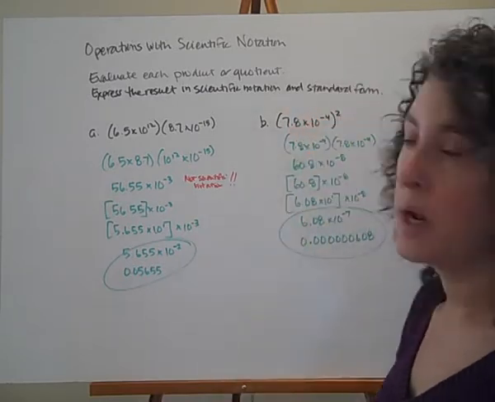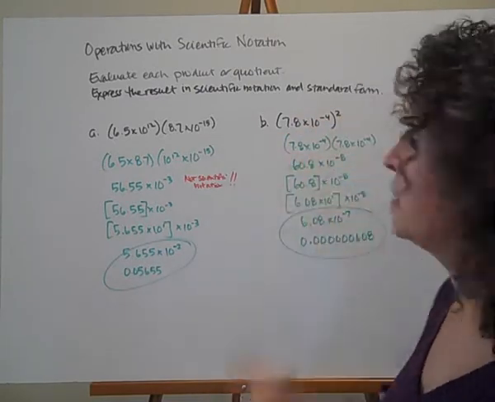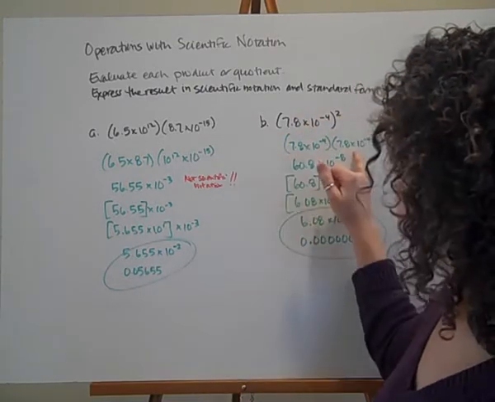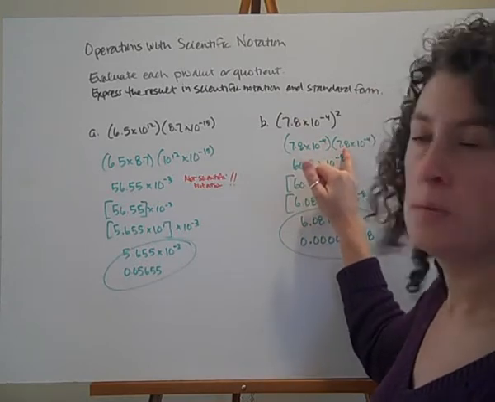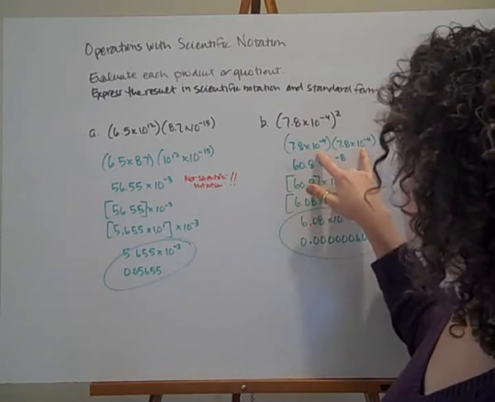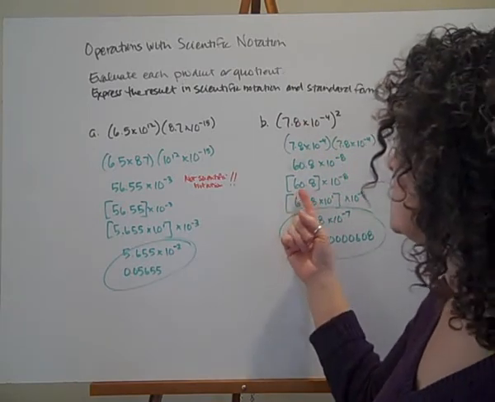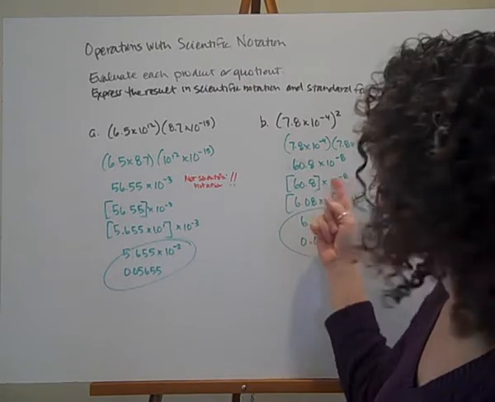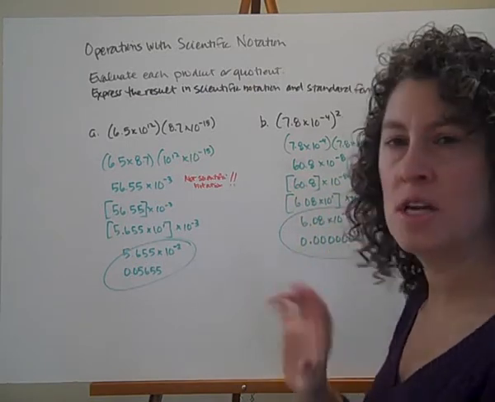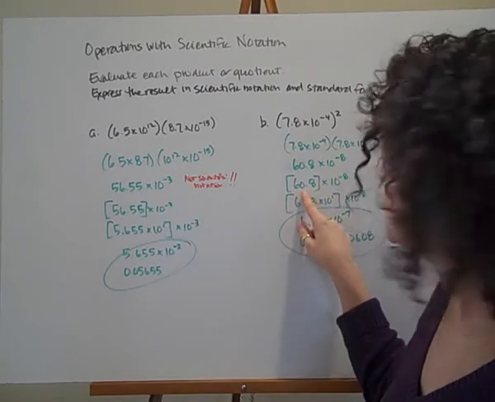Next one, we're squaring 7 and 8 tenths times 10 to the negative fourth. Squaring means I'm going to multiply it by itself. So to multiply it by itself, I'm going to do my first term times my first term here, 60 and 8 tenths. And then my powers of 10, I'm going to work with together, 10 to the negative 8th. So I end up with 60 and 8 tenths times 10 to the negative 8th. Kind of scientific notation-y looking, but not exactly, because I have a number that's not between 1 and 10.